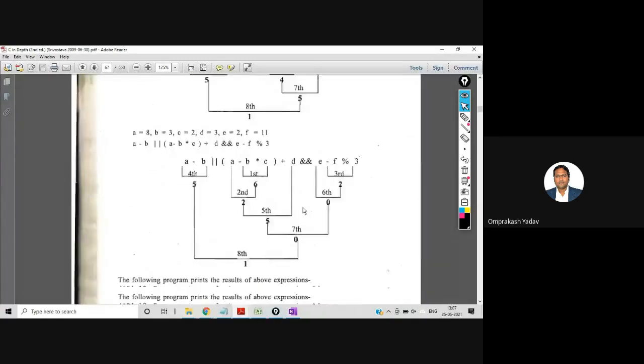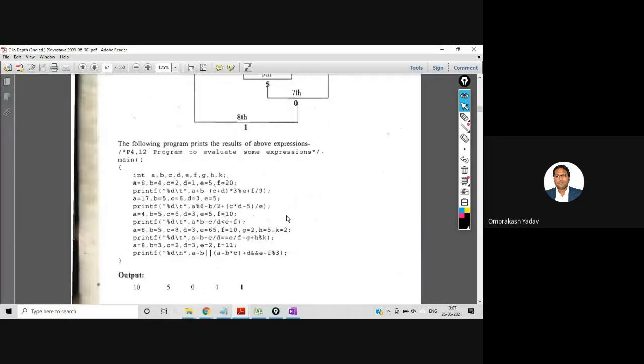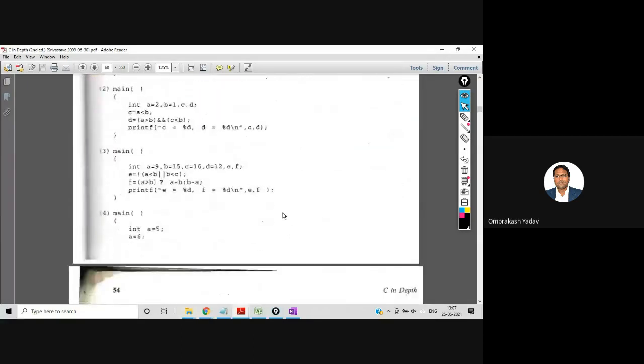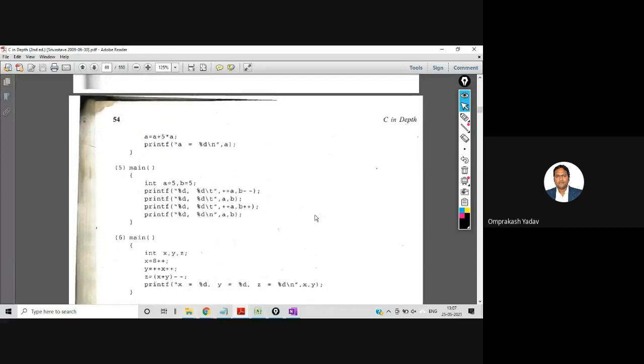Okay, so now we'll go to that problem. Okay, there is one more interesting problem. We'll solve this one first before moving to that problem.